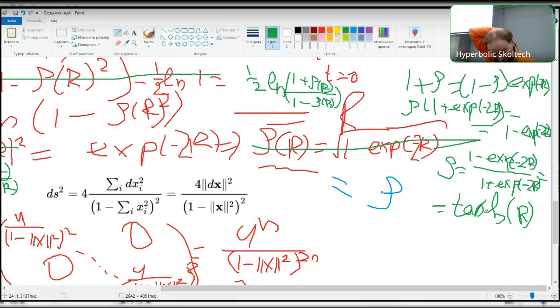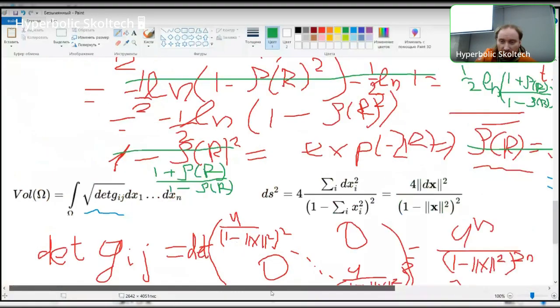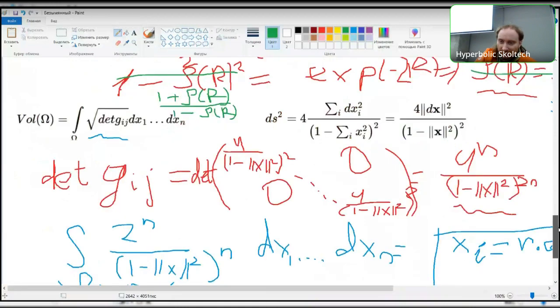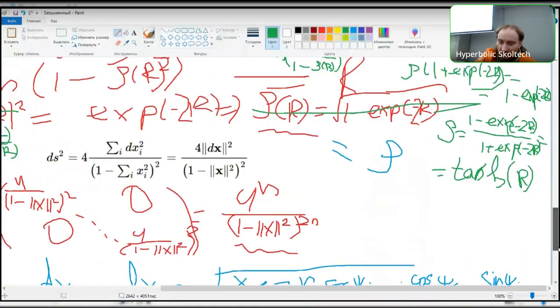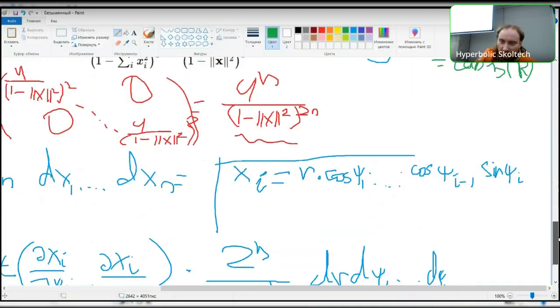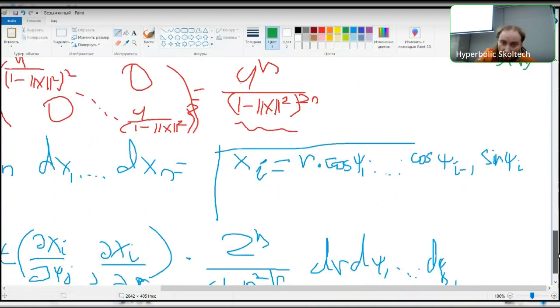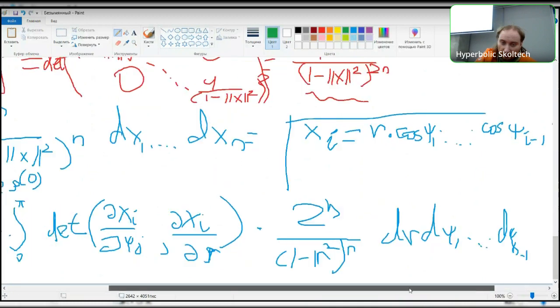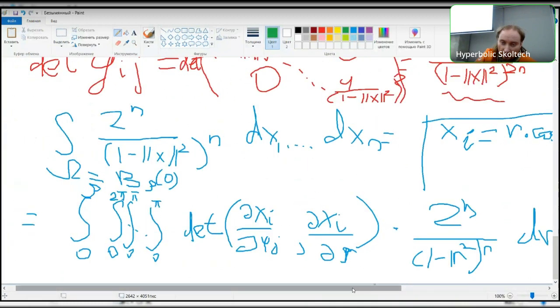Okay, this formula is much better. But actually all I have to do is to substitute this formula into what I will get here. So let's move on to the computation of our volume.